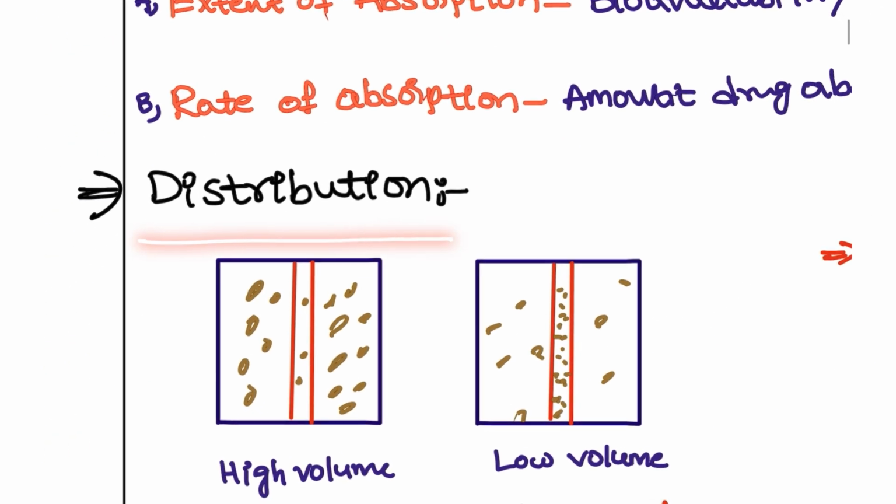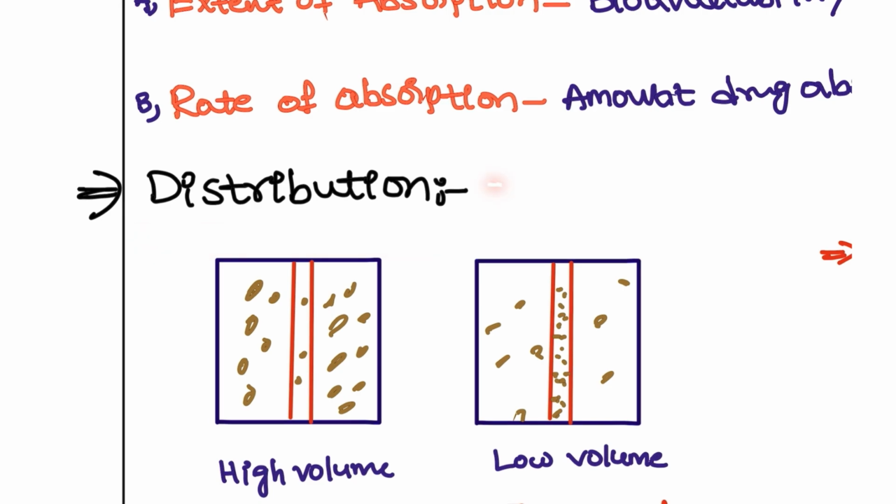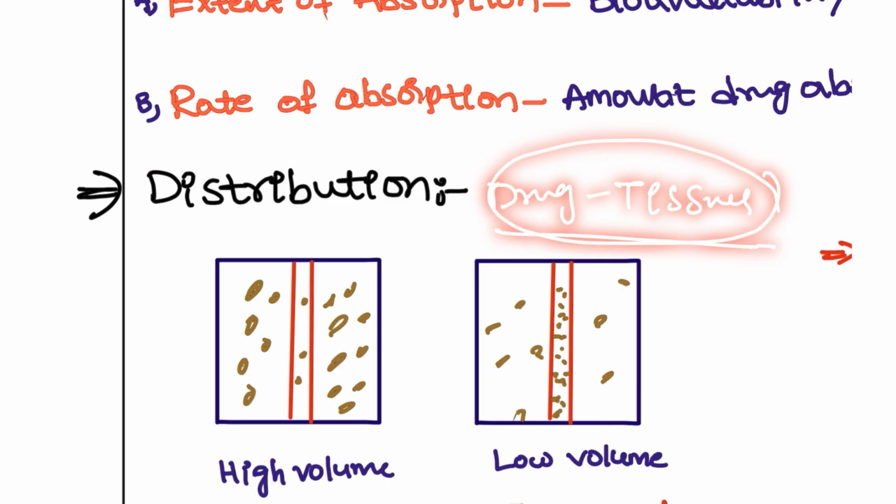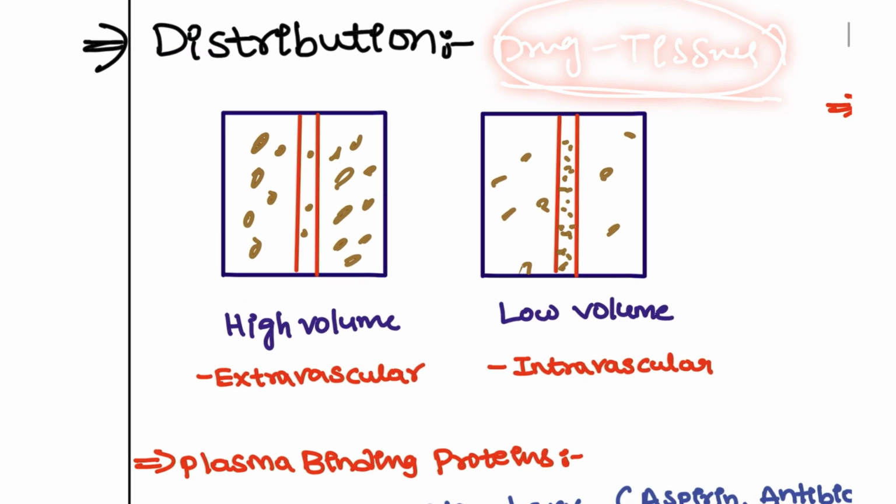Next, distribution. Once we give the drug, it has to reach the tissues, and after reaching the tissues it will start working, to decrease symptoms or to increase side effects. That is how the drug works in our body. There are two types: high volume and low volume.